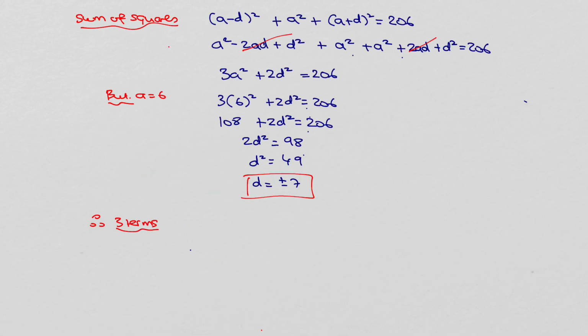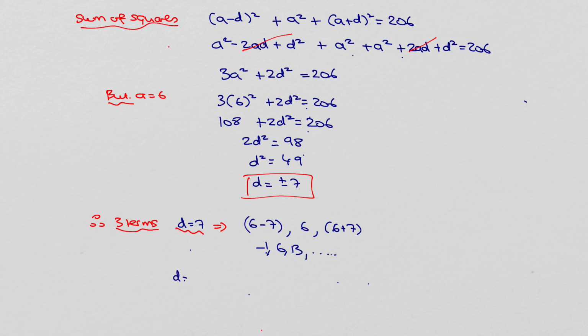So the 3 terms are going to be a minus d. So if d is equal to 7, we'll start with that. Then a minus d is 6 minus 7, 6, and 6 plus 7. So that gives me minus 1, 6, or 13.